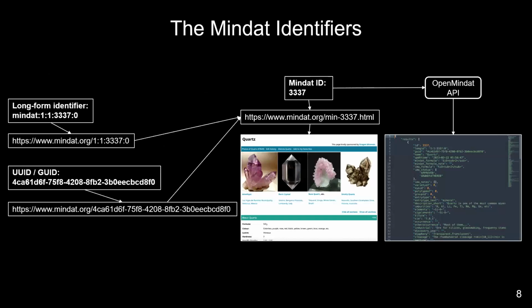And how does this work? As you can see, it's similar to the fundamental semantic web. For the namespace, we can just replace it with the root URL, and this makes it resolvable already. We have also deployed UUIDs for Mindat, and they are also resolvable.